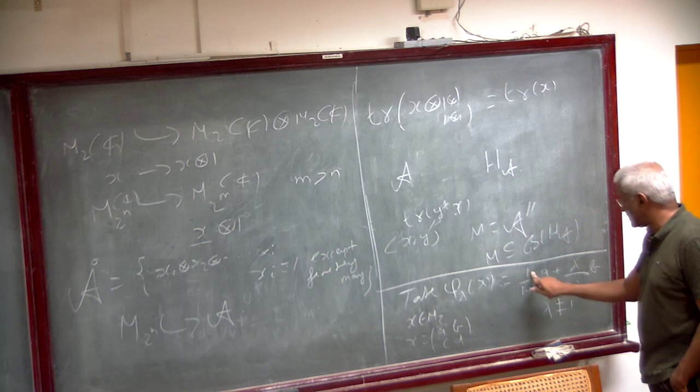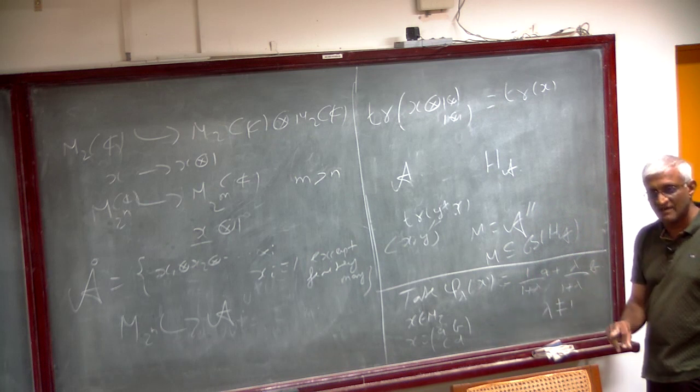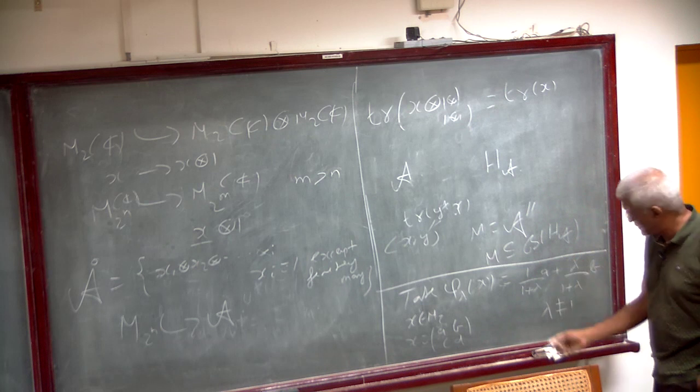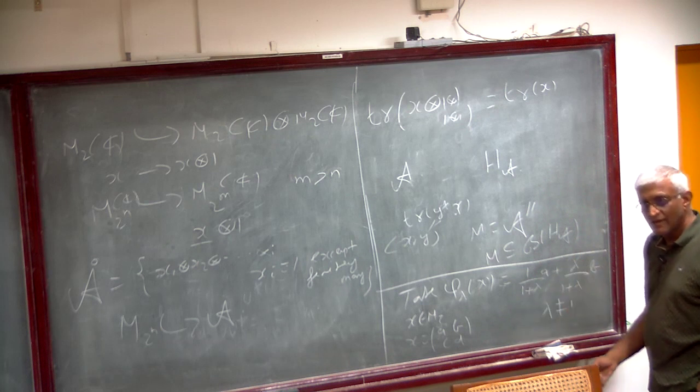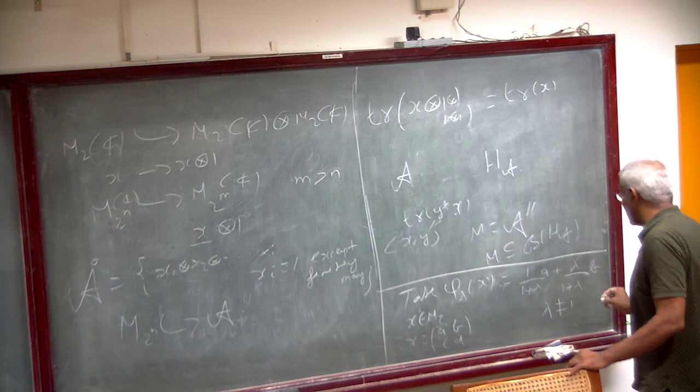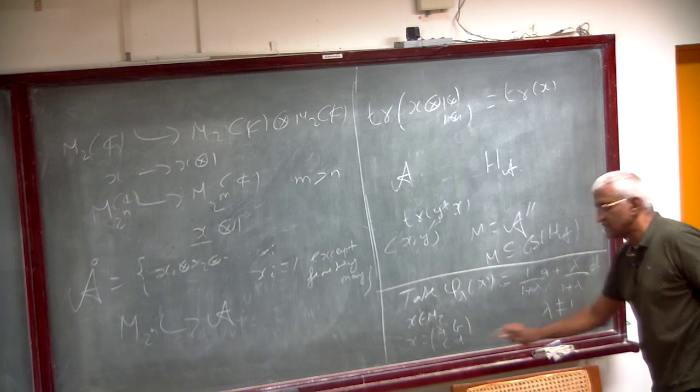If you take lambda equal to 1, this is half of A plus half of D, which is the trace. So you don't take the trace. You just take some lambda.